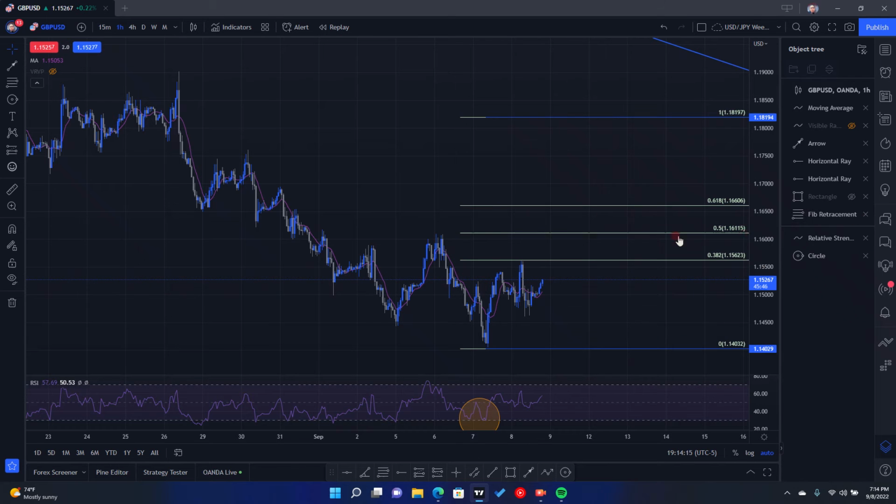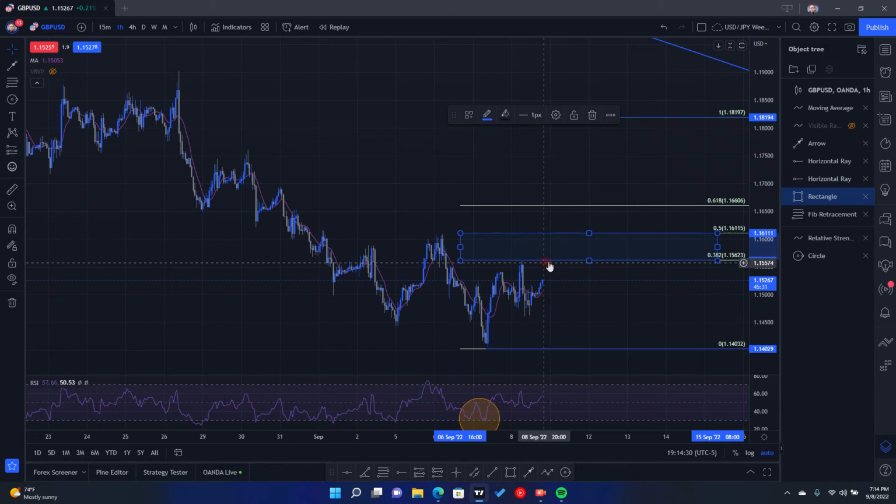So just to make it a little bit easier and faster on me, I just used the Fibonacci retracement from my resistance and support, and then I'll draw my sweet spot. This is always my sweet spot.